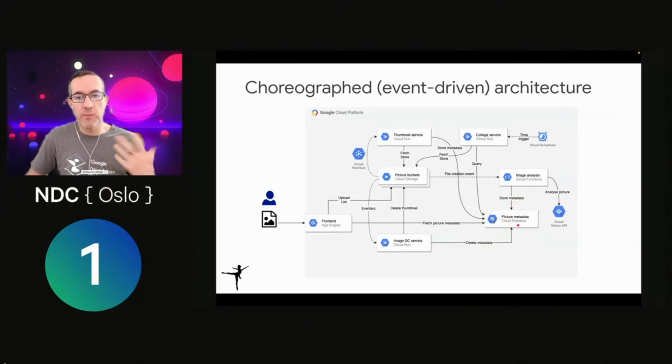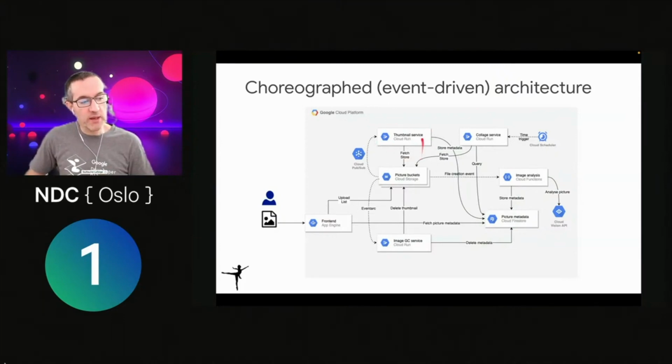So things like the name of the picture, the labels, the color, etc., whether a thumbnail was created for the picture or not. And also in parallel, we're creating thumbnails of pictures. So that's another service here. This one was a Cloud Function, but this one is using Cloud Run. So it's a way to containerize applications and run containers serverlessly.